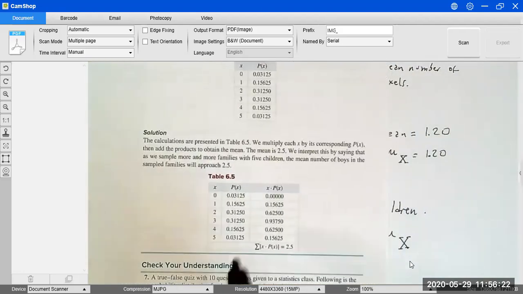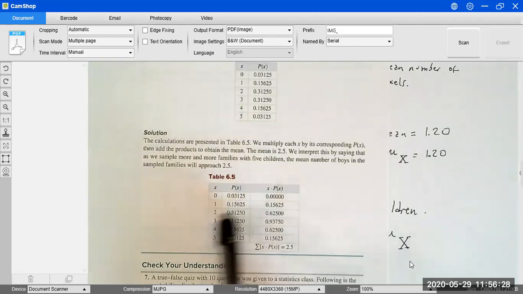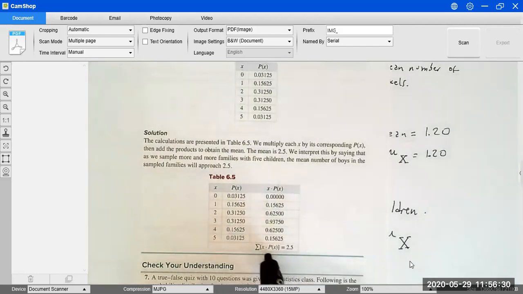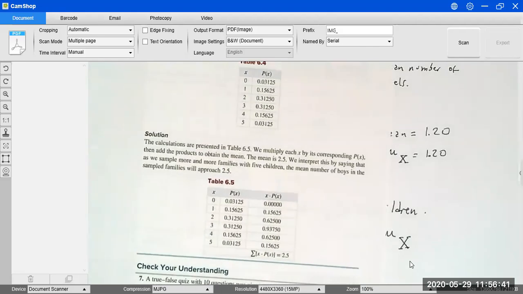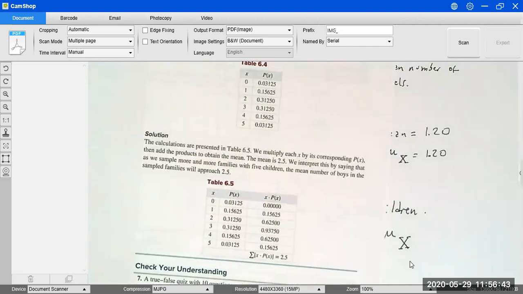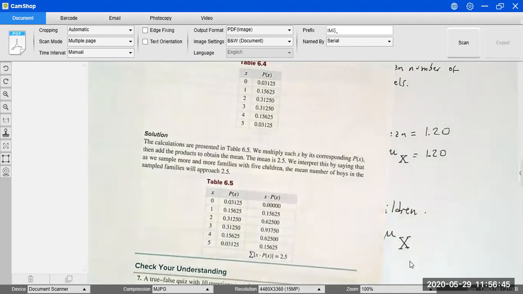This is the value for x, the value for the probability, and now they computed the product of these two columns, and then they add up all those values and they got 2.5, which is the value that we just got. So that's example 6.7.